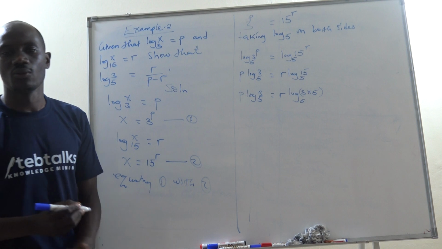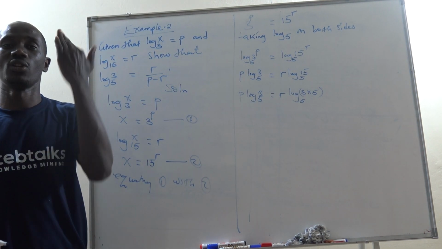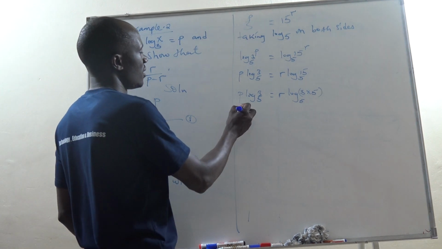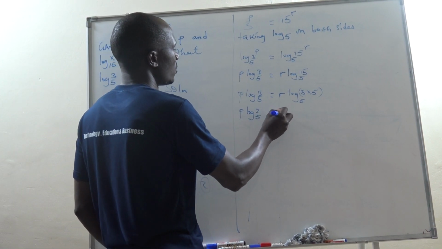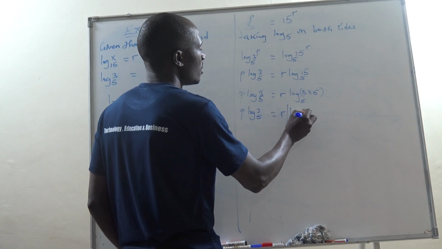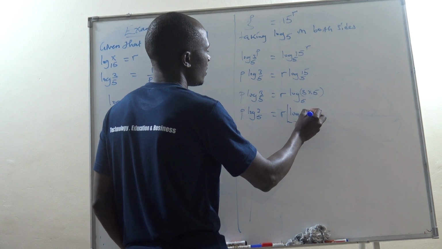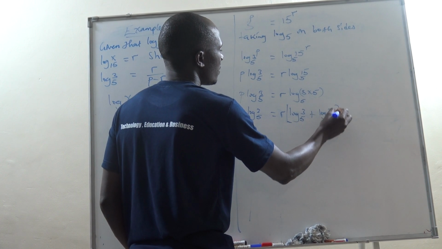Again, we apply the rules of logarithm. When we are multiplying numbers of the same base, addition arises. So this becomes p log of 3 base 5 equals r times log 3 base 5 plus log of 5 to base 5.